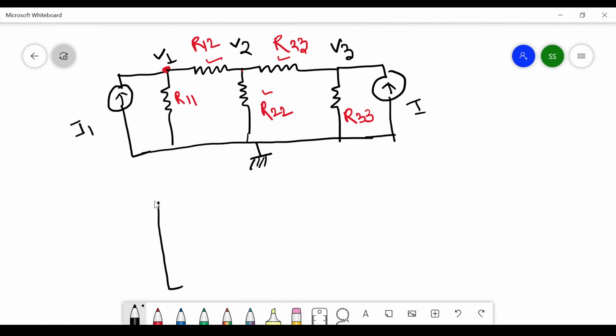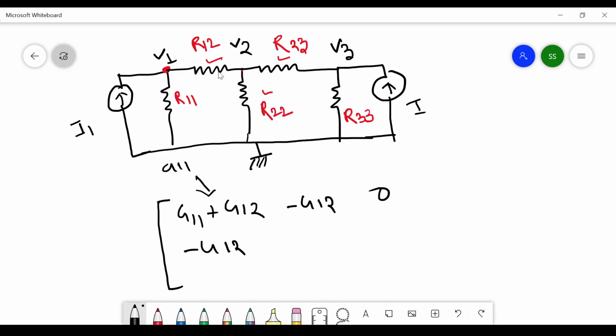So first element is A11, all the resistance connected in this particular node only. So this is R11 and R12. So we will write G11 plus G12. Similarly A12, this one, will be written as minus G12. A13 is 0. A21 is obviously minus G12.